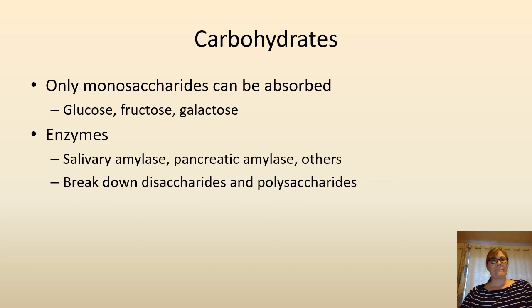Carbohydrates. The only thing that we can absorb are known as monosaccharides. So carbohydrates in general are made of sugar, lots of sugar, many sugars combined together. So carbohydrates would be known as a polysaccharide. Poly means many.